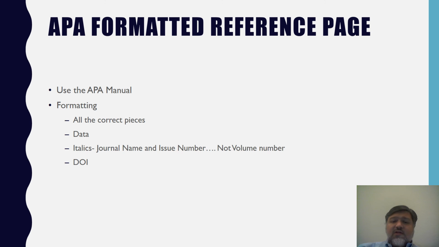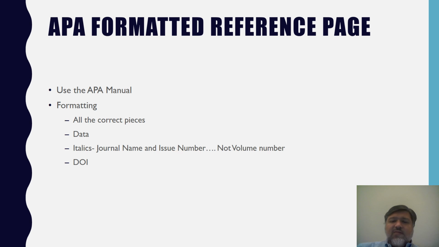These components generally include the author name, the year the journal was published, the title of the article, the title of the journal where the article was published, the issue and volume number, and the DOI, the Digital Object Identifier. As we've moved more and more into the technology age, every article has been given a unique digital object identifier. So it's important that you include that at the end of the reference. Many students forget the DOI, but it is important that you include it.